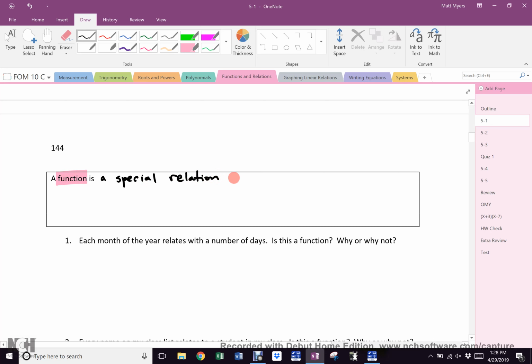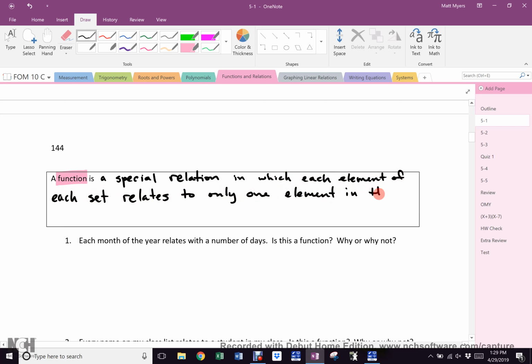And a function is a special relationship in which each element of each set relates to only one element in the other set. So I'm going to let you write that down, let it sink in for a minute. I'm going to leave it on the screen for a sec.